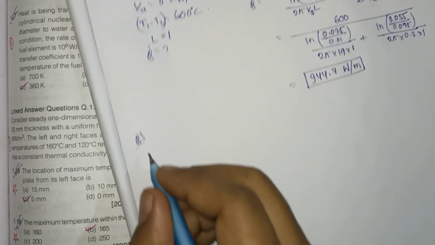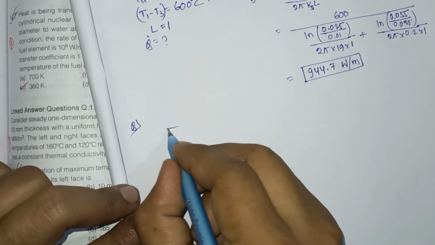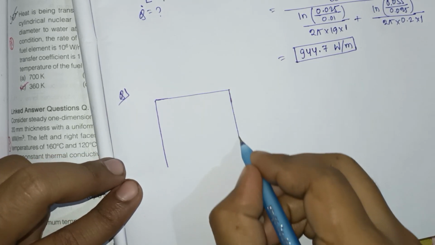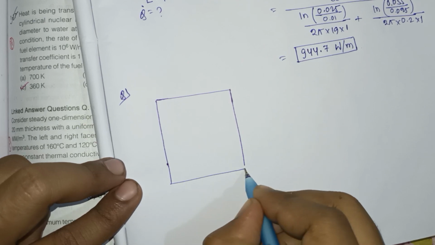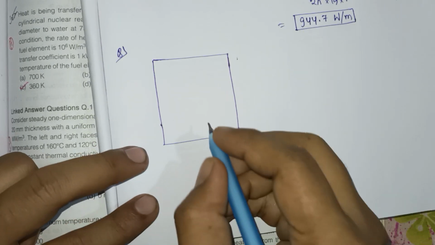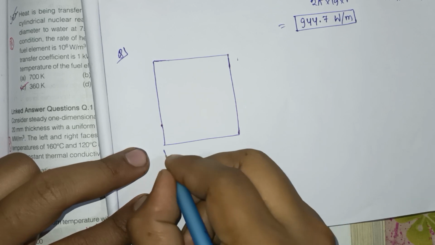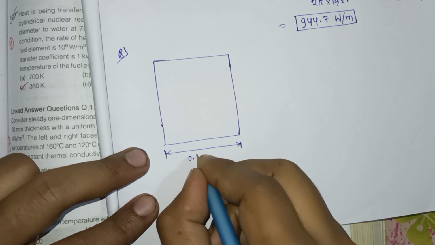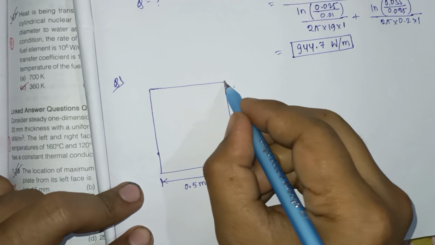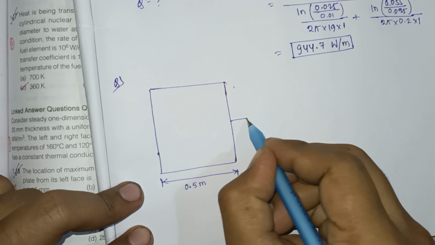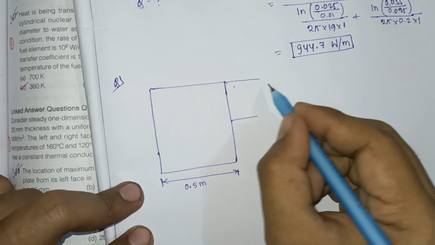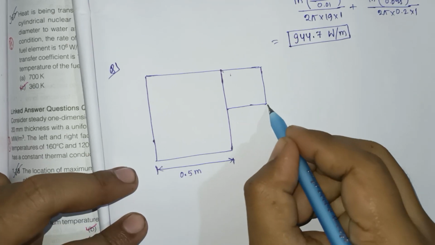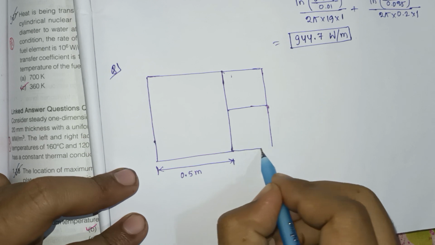So in this question, there is a slab, and the length of this slab is 0.5 meter. There is another slab. Another two slabs are given.